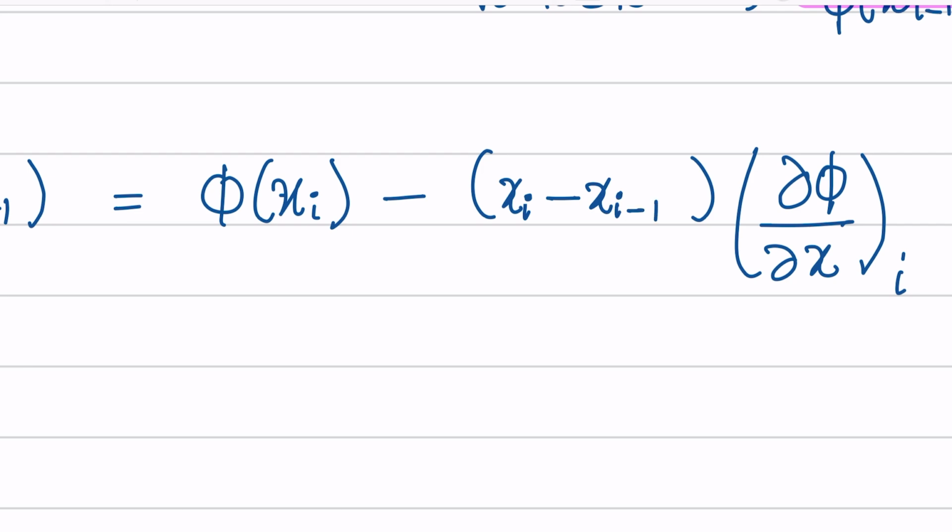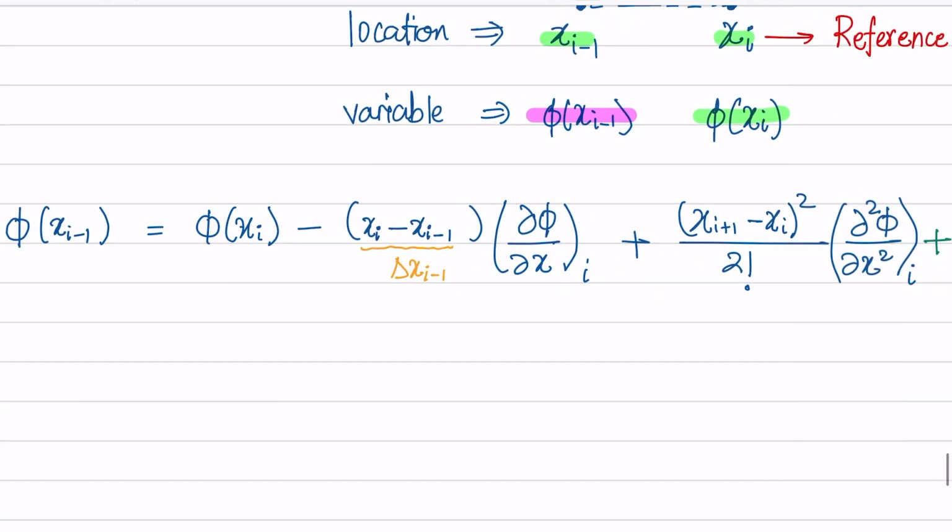So notice that this particular bit is my delta x I minus 1. Okay, so this is going to be the case because now we are moving in a slightly different direction. Previously we were moving in the positive direction, but now we are going to be moving in the negative direction.